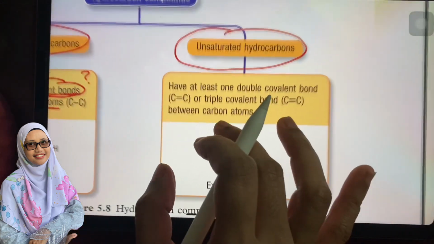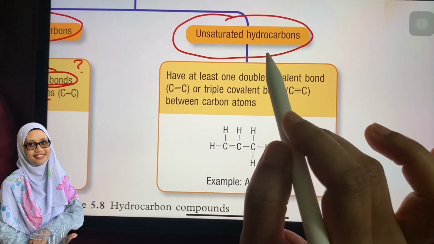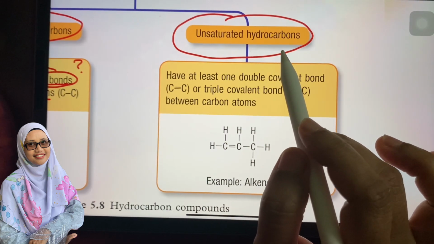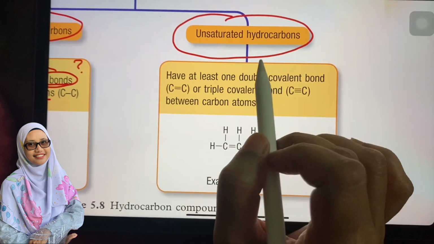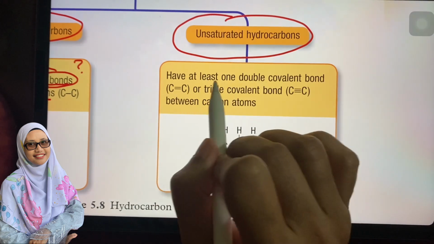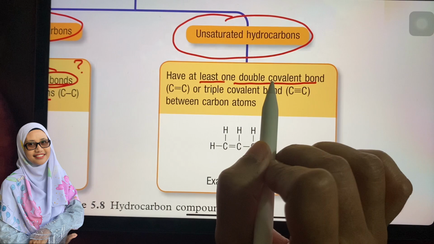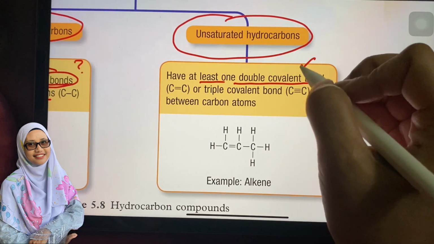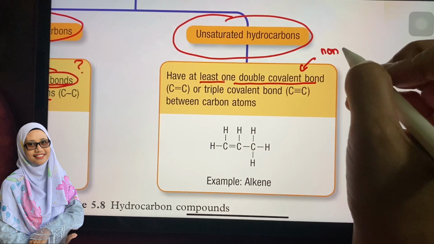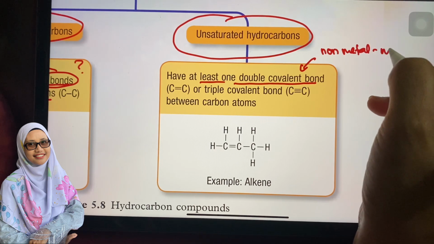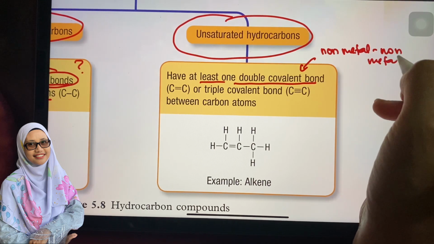We go to the next type, which is unsaturated hydrocarbon. Unsaturated hydrocarbon means have at least one double covalent bond. Covalent bond is the bond between non-metal and non-metal.